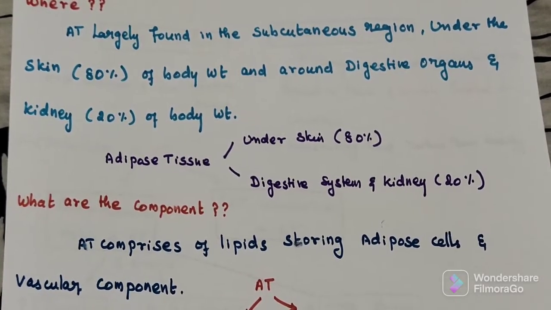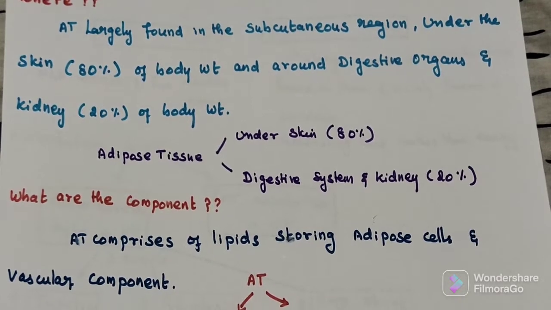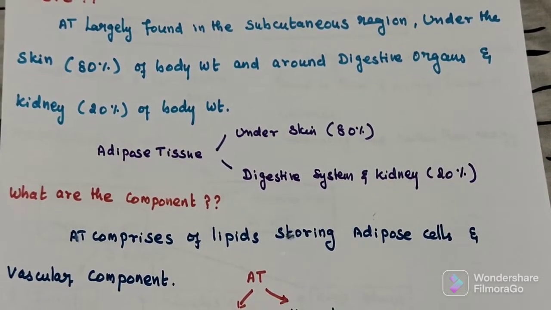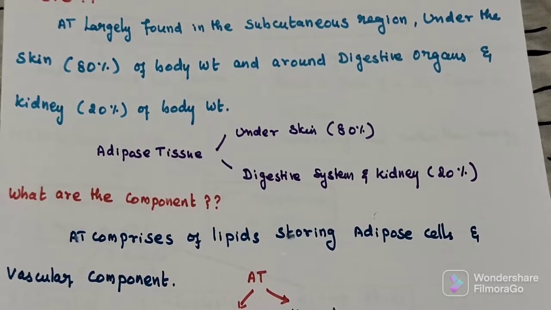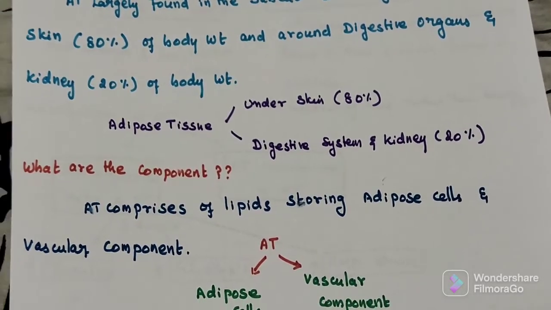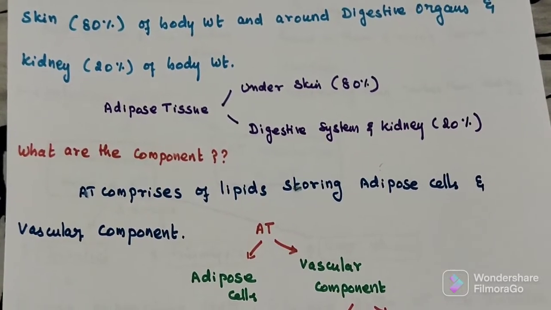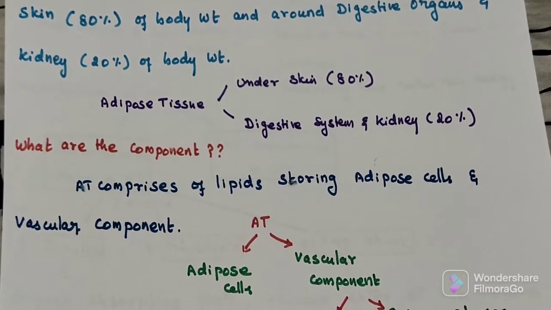Next one is, what are the components of adipose tissue? Adipose tissue comprises lipid-storing adipose cells and a vascular component, which includes pre-adipocytes and macrophages.